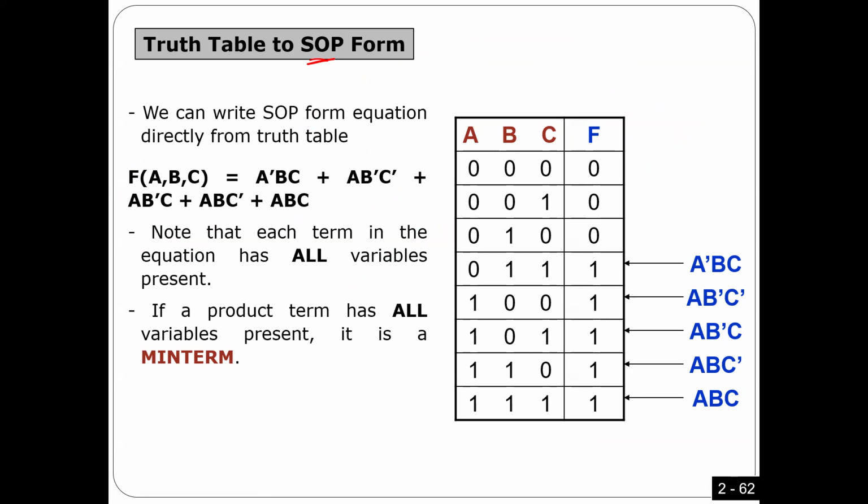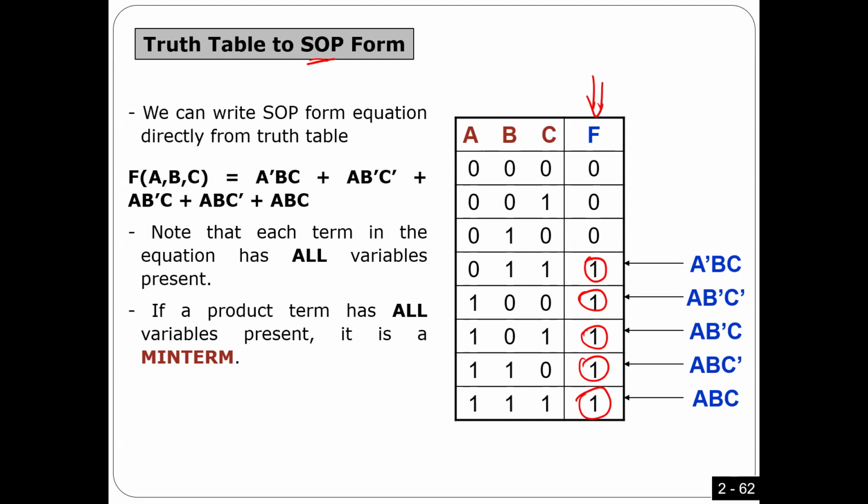Let's start with sum of product. The way we have to do it is, you go to f here, this is the function. You have to look at the ones, not zeros. I'm going to tell you why. Every one. We don't work on zeros. In case of sum of product, we only work on ones, not zeros.